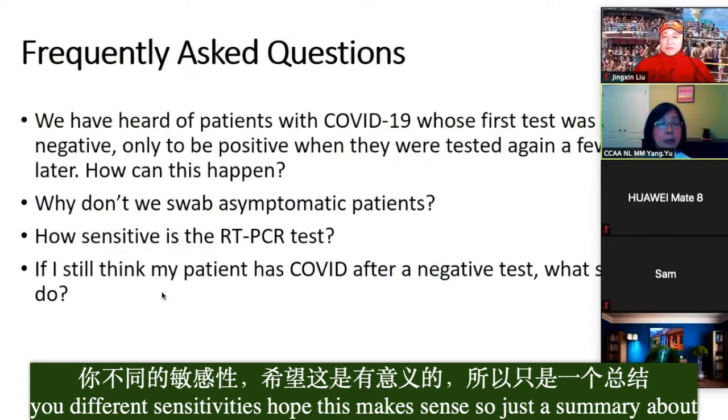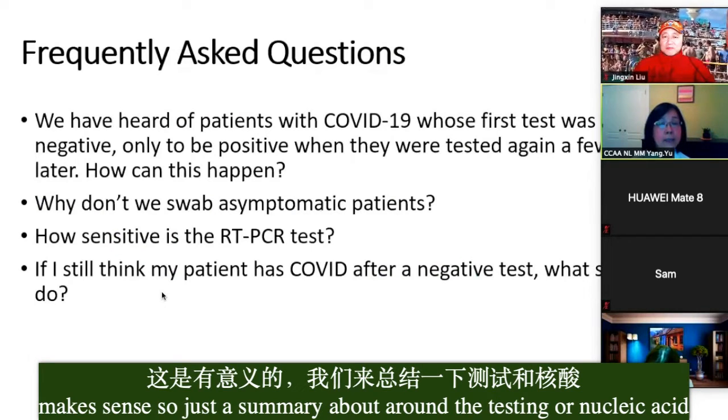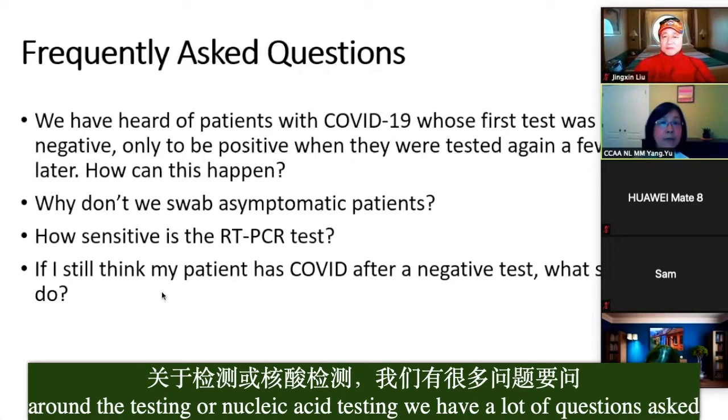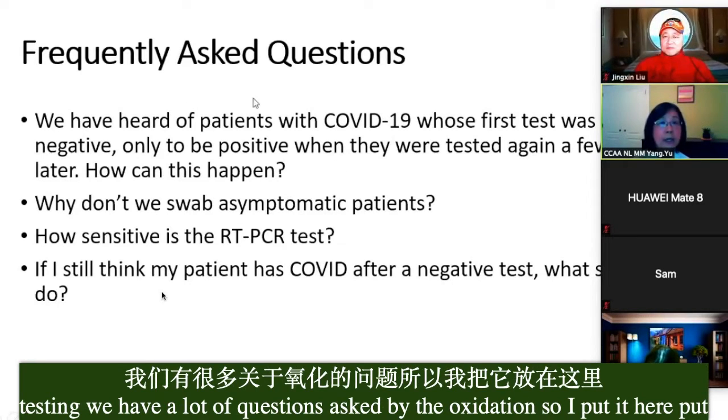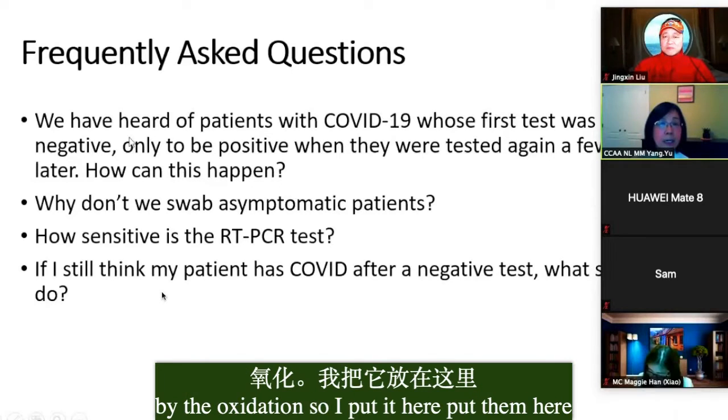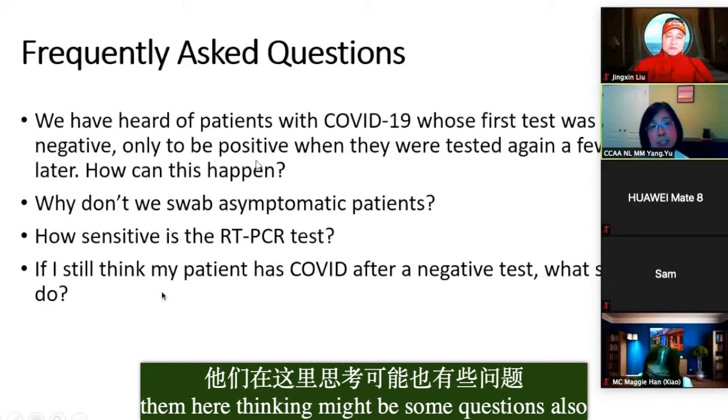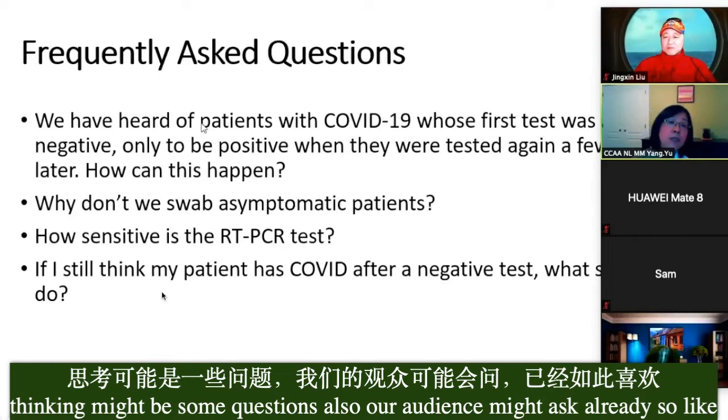Just a summary about molecular testing, or nucleic acid testing. We have a lot of questions asked by physicians. So I put them here, thinking some of these might be questions our audience might ask.